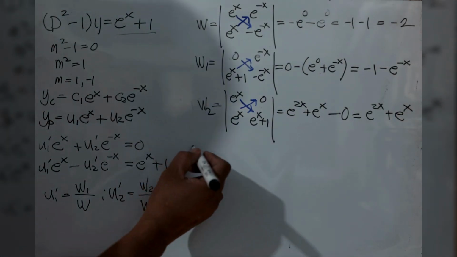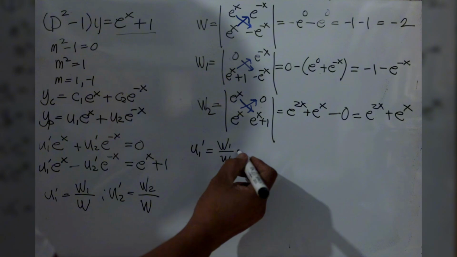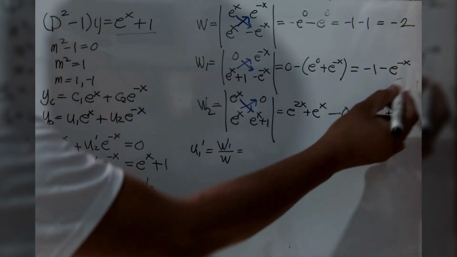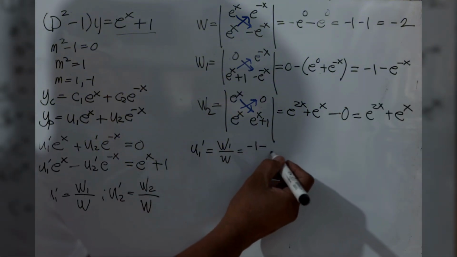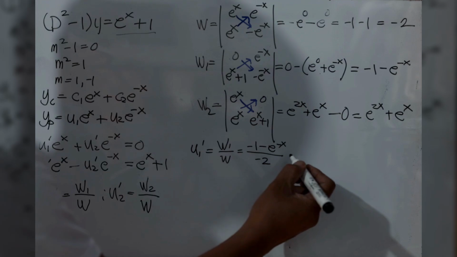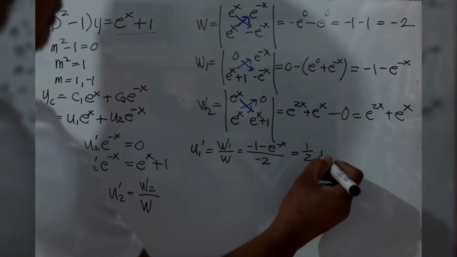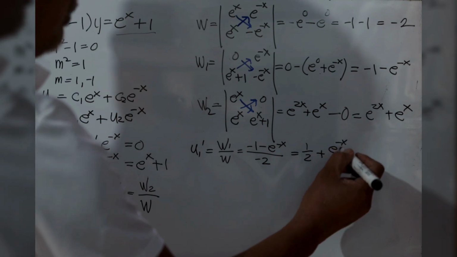So now, our u sub 1 prime, which is this one, is negative 1 minus e to the negative x over negative 2, or that's 1 half plus e to the negative x over 2.